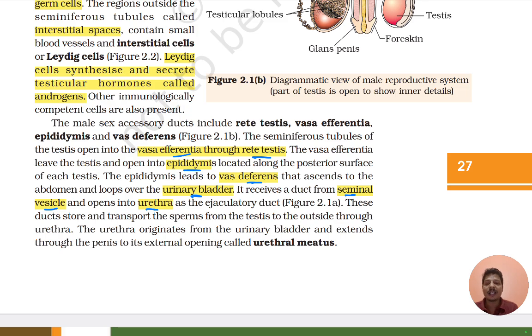This duct stores and transports the sperm from testis to the outside through the urethra. The urethra originates from the urinary bladder and extends through the penis to its external opening called urethral meatus.